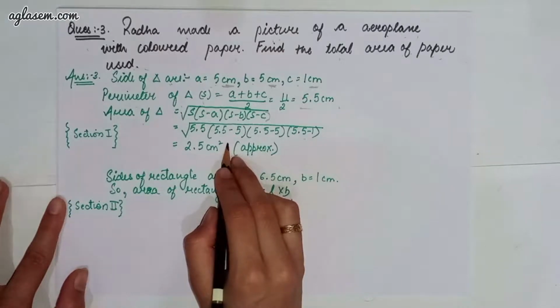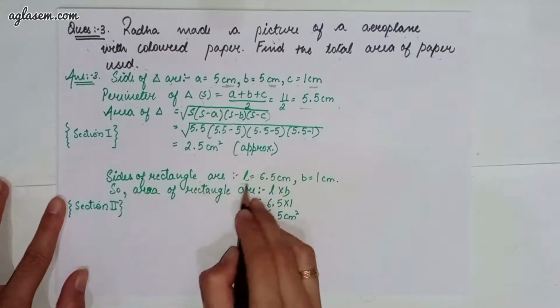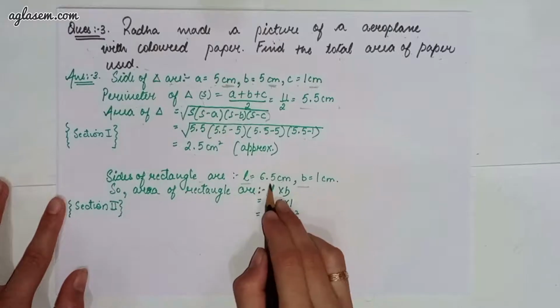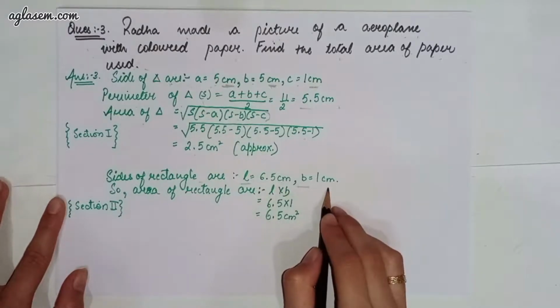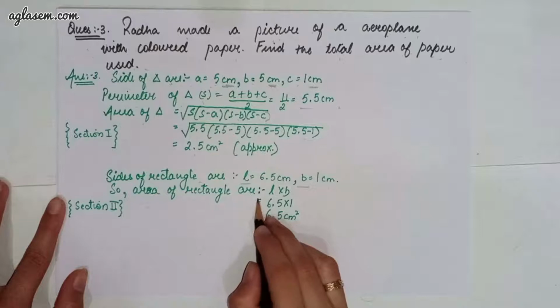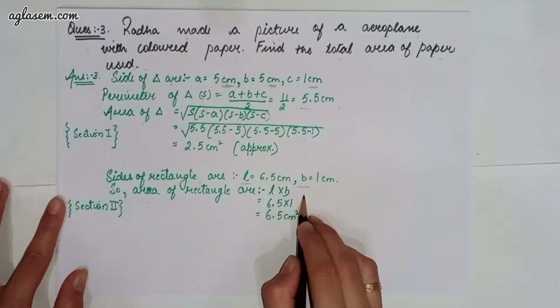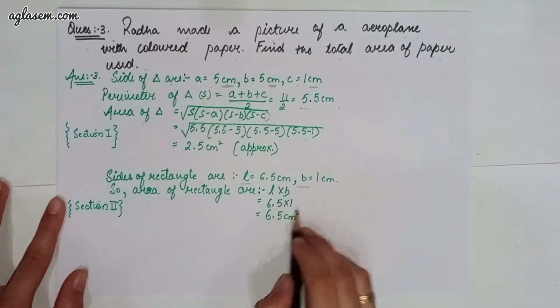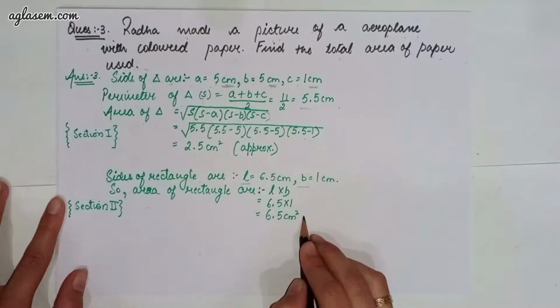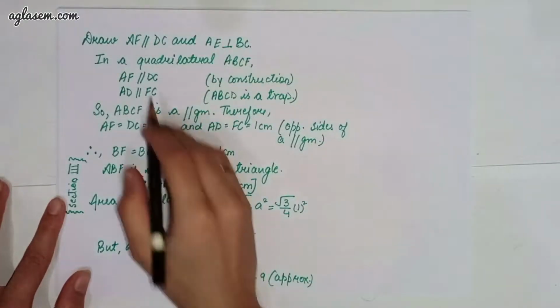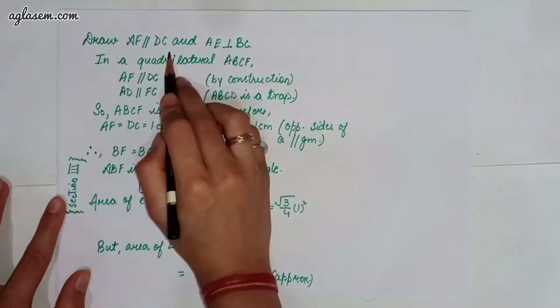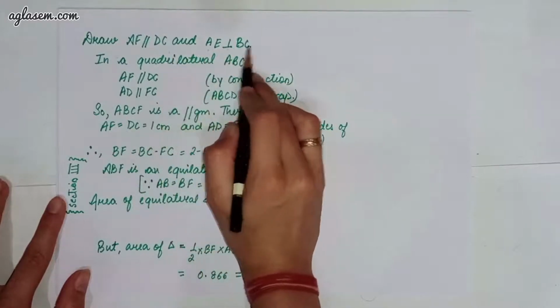Similarly, if we get to another section, the sides of a rectangle are L and B, which are given to us, that is 6.5 length and 1 centimeter breadth. So the area we know is L into B, that is length into breadth. So 6.5 into 1 we will get 6.5 centimeter square. Solving further, we have to draw AF parallel to DC and AE perpendicular to BC.